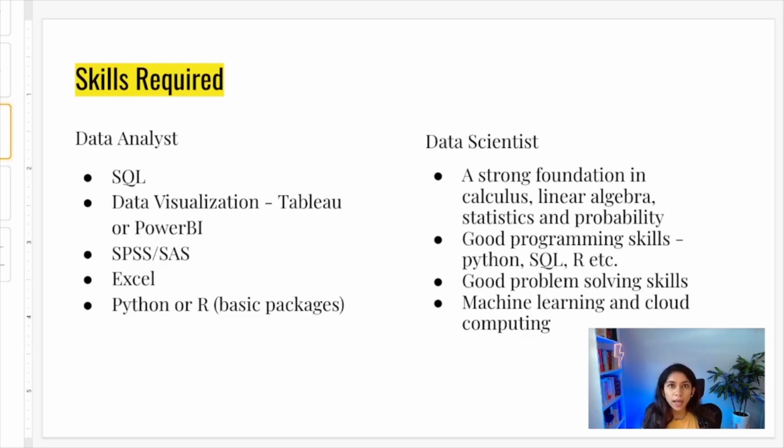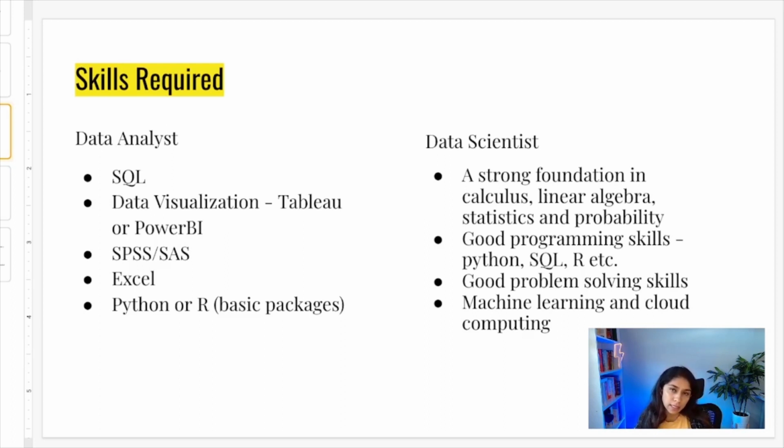The tools required for that are SQL, any data visualization tool like Tableau or Power BI, SPSS, SAS, and Excel, which is compulsory for any data professional, and Python or R. Again, these are basic packages. If you know the predictive side of it, great. It will be a good thing for you to have.